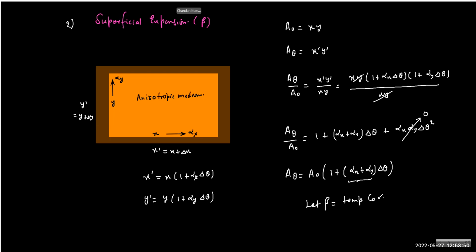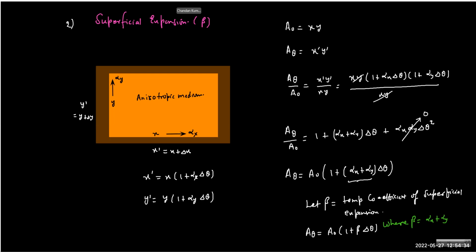Then A theta we can write as A naught into 1 plus beta delta theta, where beta is alpha x plus alpha y. That's the formula, and you must remember it.